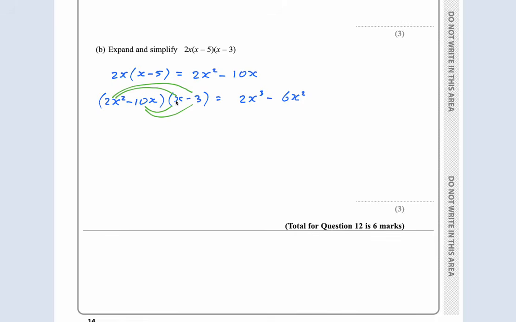Minus 10x times x is minus 10x squared. And minus 10x times minus 3 is plus 30x. 2x cubed minus 16x squared plus 30x, and we're done.